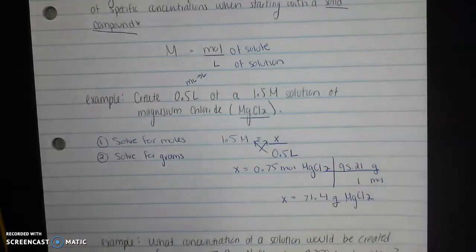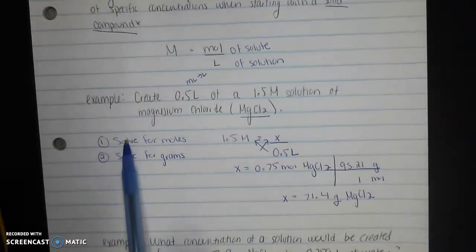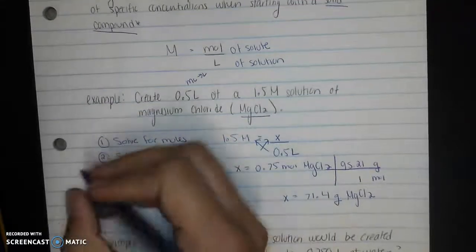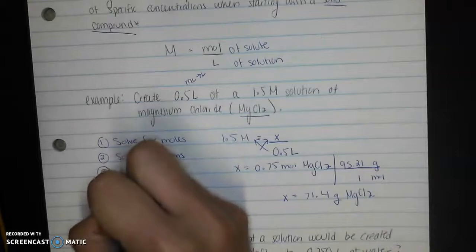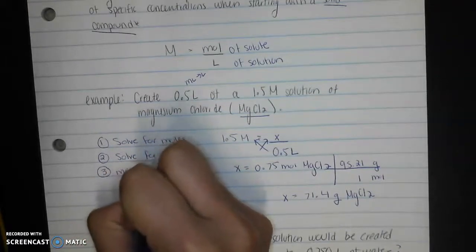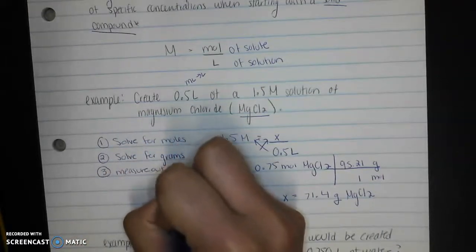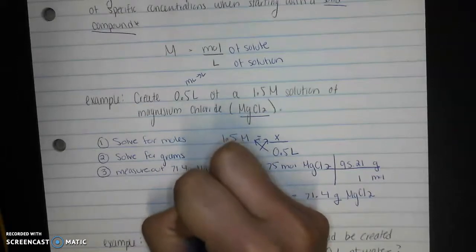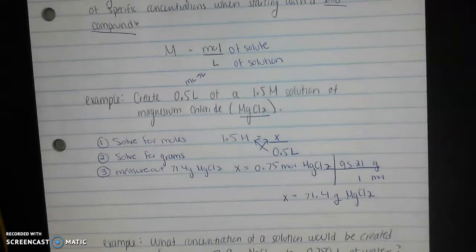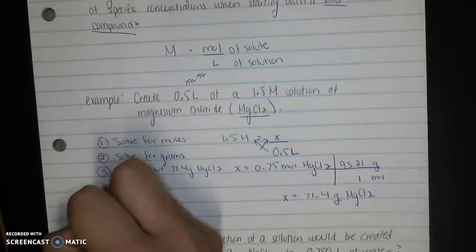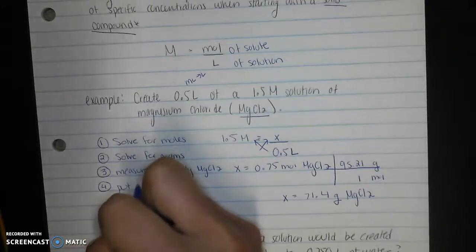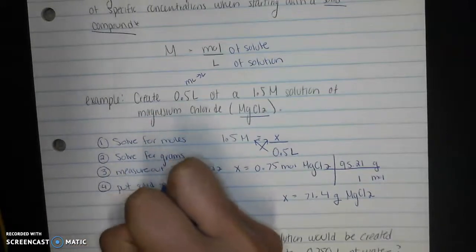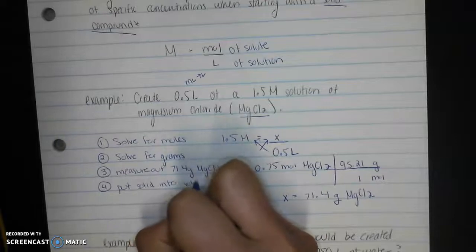Now if I were doing this in person, I solved for moles and then I got my grams. Then to actually make this solution, I would measure out 71.4 grams of MgCl2. Then I would put the solid into a volumetric flask.